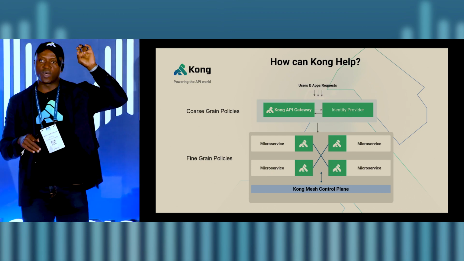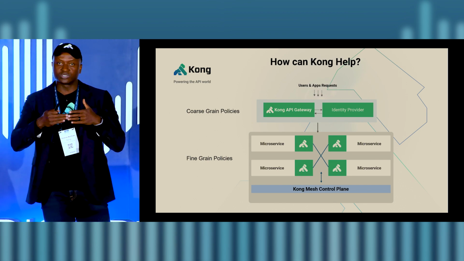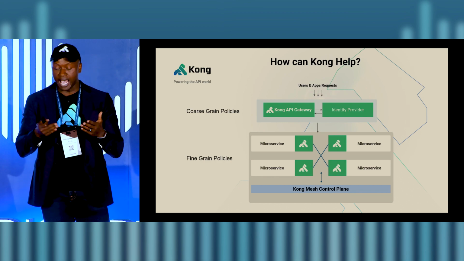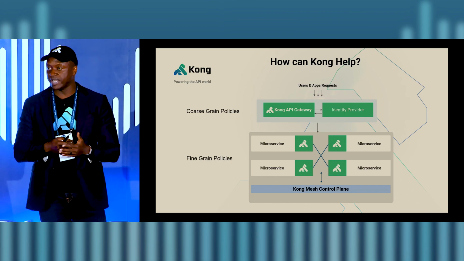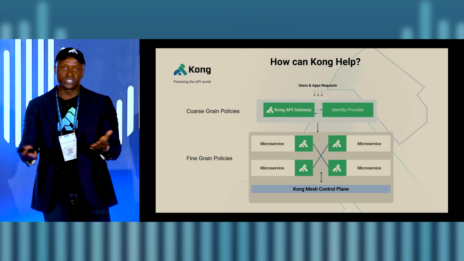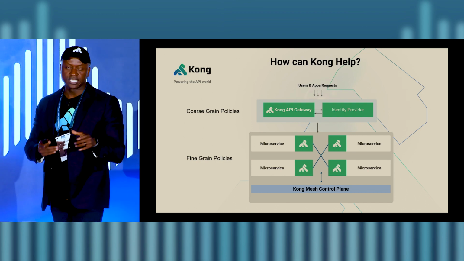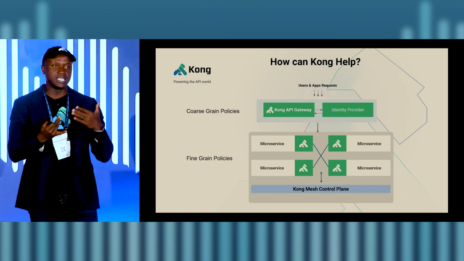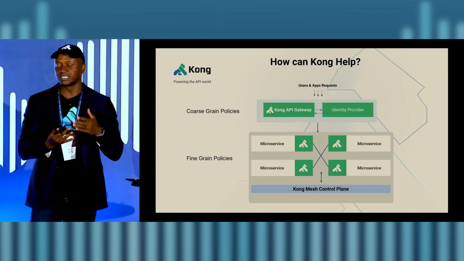At the north, we've got our API gateway, connected to your identity provider of choice, and authentication happens there. Then down at the service layer, we've got the service mesh, Kong Mesh in this case, which is responsible for assigning the ephemeral identities, and from those identities we're able to authenticate, encrypt, and so forth.